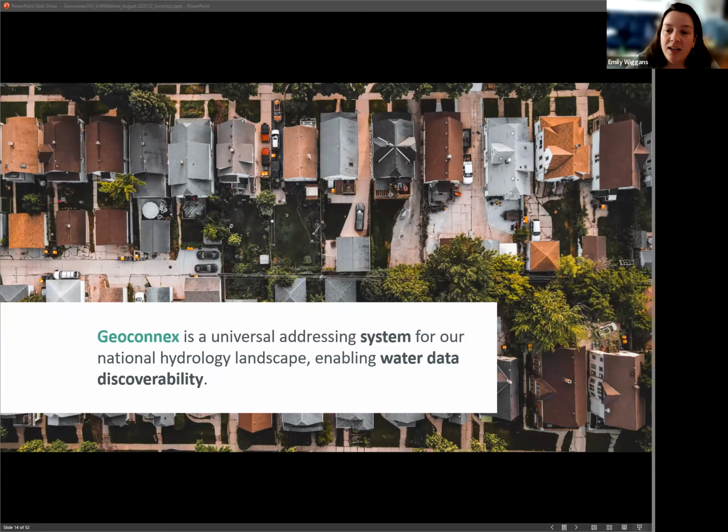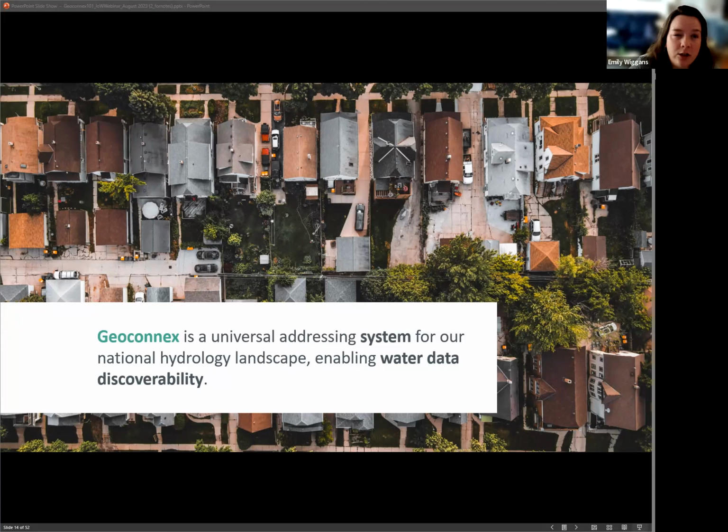You can think of it in a similar way to our addressing system, like street addresses. Geoconnex is spatially referenced, so that links it to real-world locations. And like street addresses, that enables an effective, fast global economy. So Geoconnex is going to do the same for our water data.